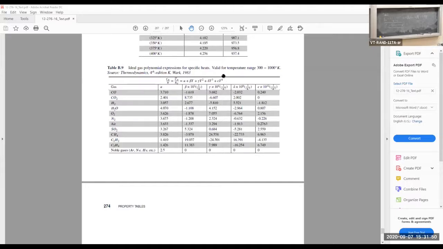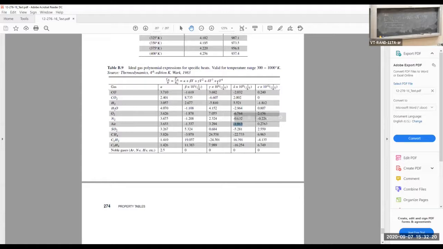Alpha is 3.653 for this polynomial curve fit for specific heat, Cp. Beta is negative 1.337 times 10 to the negative 3. Gamma, this value times 10 to the negative 6. Delta, this value times 10 to the negative 9.